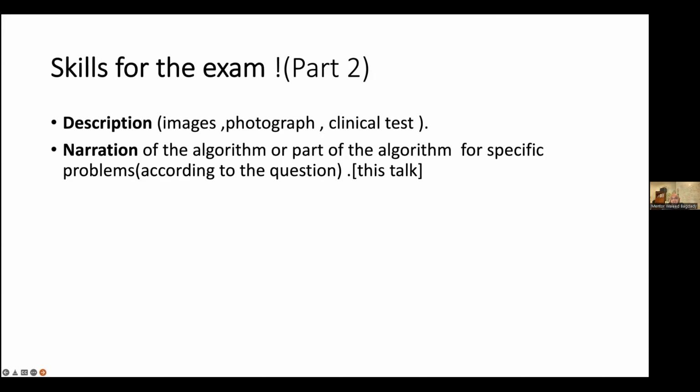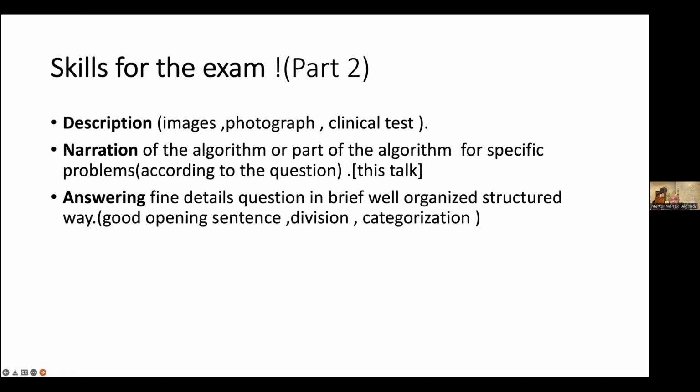The second stage is the narration of an algorithm or part of an algorithm. This is a process: you go step by step, saying things according to the question. And this is very relevant to this talk. And there is the skill of answering fine-detail questions in a brief, well-organized, structured way. For example, I can ask you how to manage this patient.